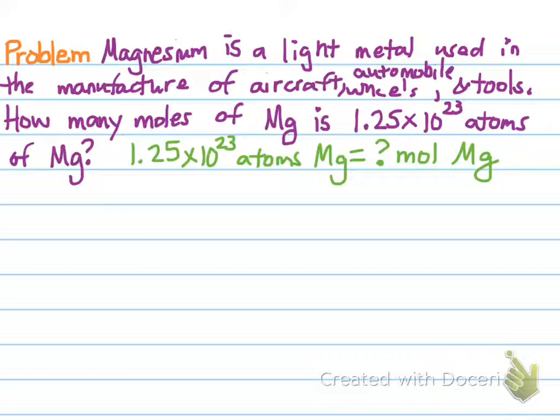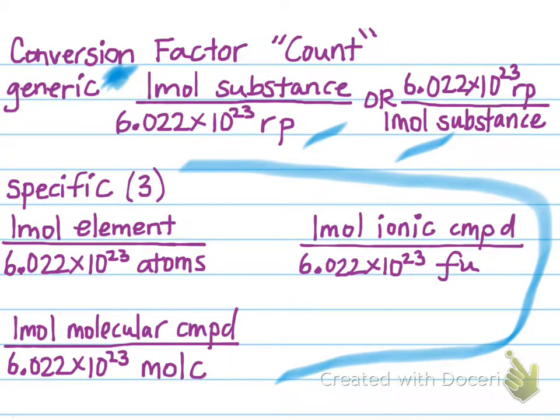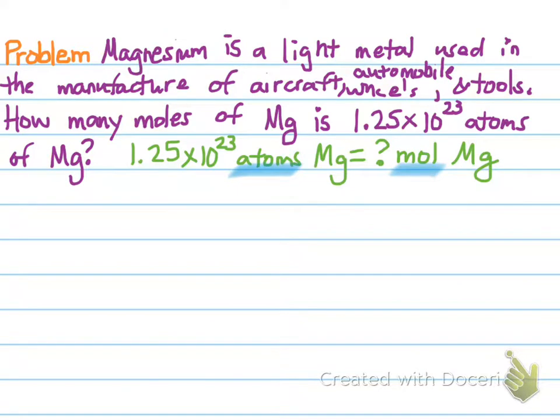Now, this is where you look at your chemistry toolkit, because the question is, do I have a tool that has atoms and moles in it? And I do. It's right here. Now, to use that tool, it has to be an element. So notice, I do have an element here.